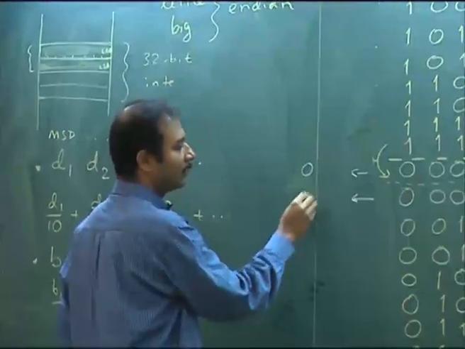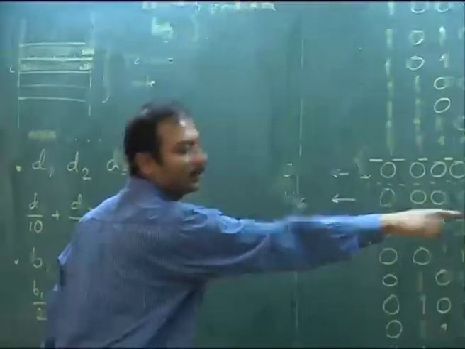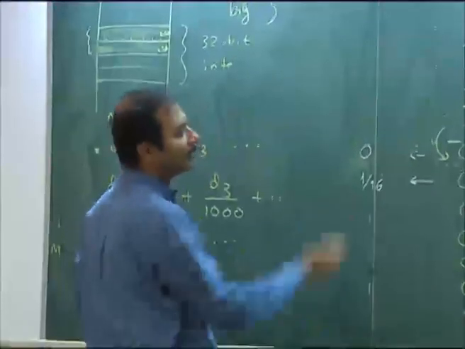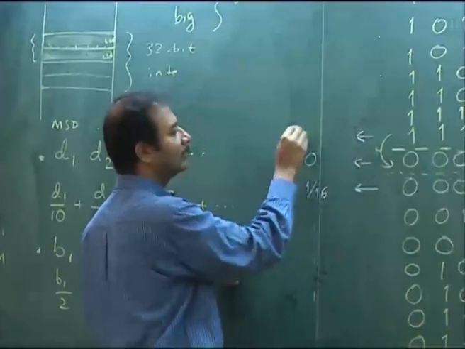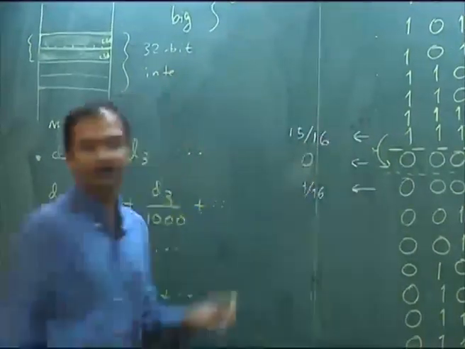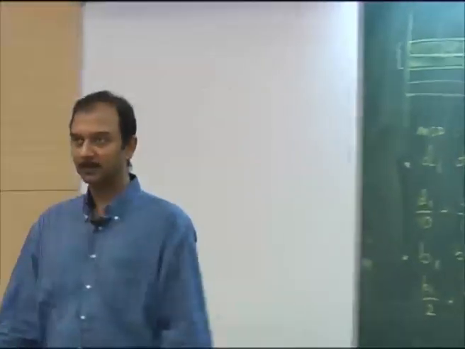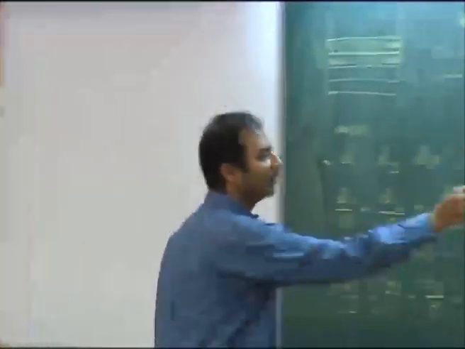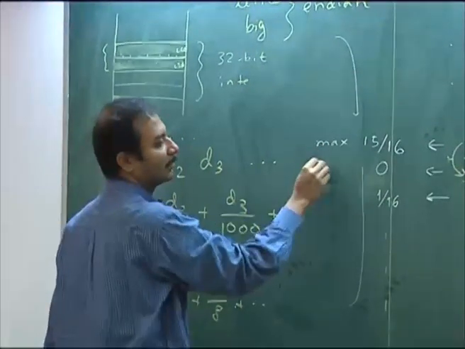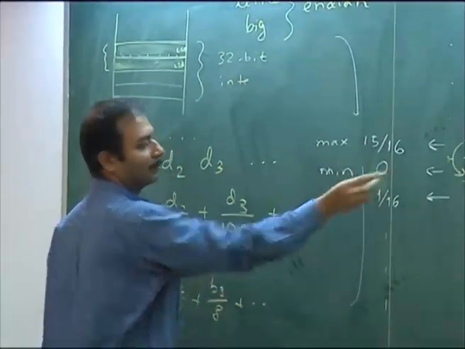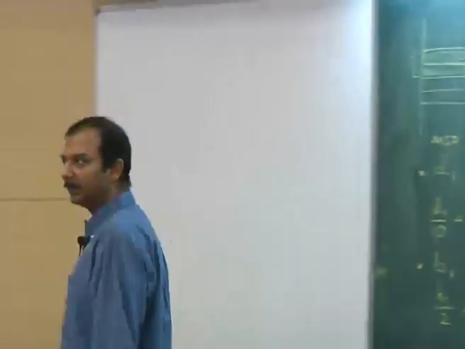This number is 1/16. Only the least significant bit is on. And so on, things keep increasing until, since they're all positive, there's no sign yet, this number becomes 15/16. Okay, so we don't have sign now. This is the max and this is the min, which is 0. Okay. So if you want to represent binary fractions, this is how you do it.